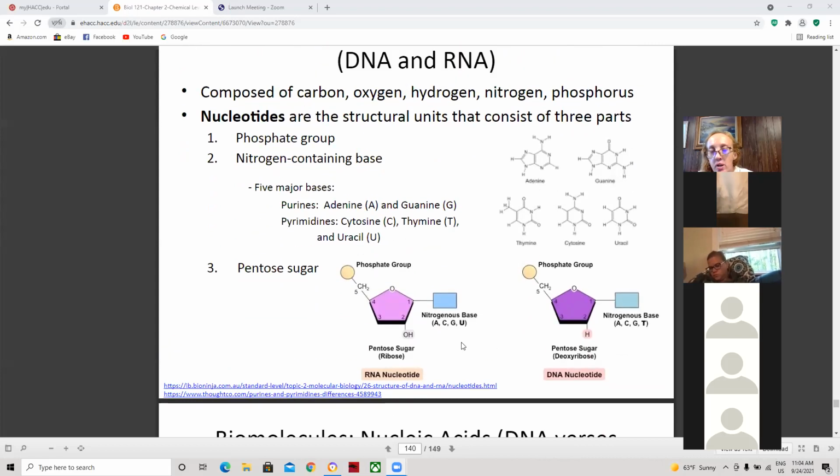One thing that I'll mention really quickly here is this group right here. This is RNA, this is DNA. What do you know about this functional group? What do you remember from a couple hours ago? It's very, very polar.